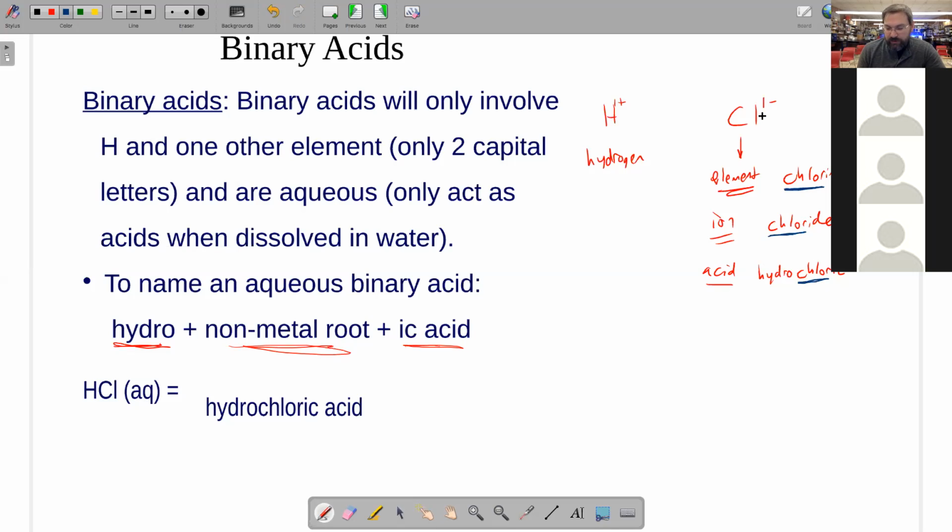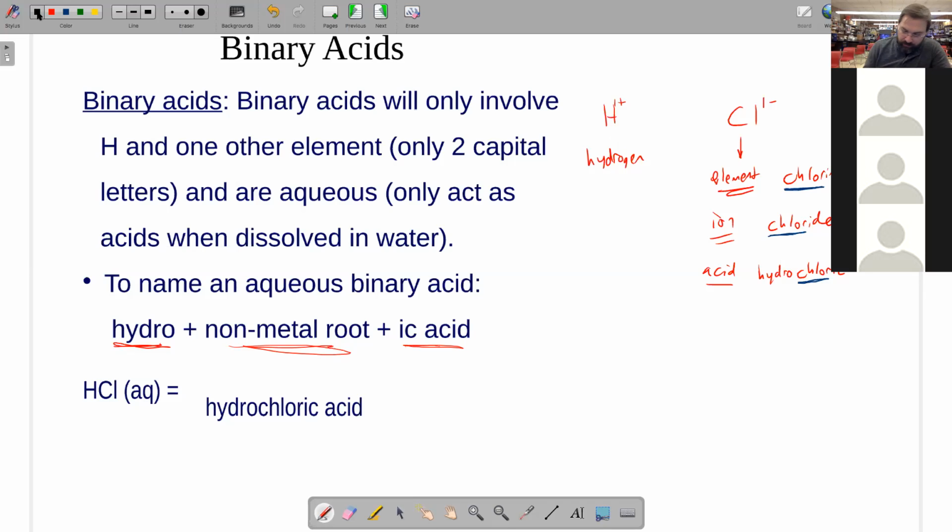So chlorine as a gas is just chlorine. Chloride ions, it's chloride, and then the name of the acid has hydrochloric. But you don't call it hydrogen hydrochloric. Instead, acids have the word acid in them.